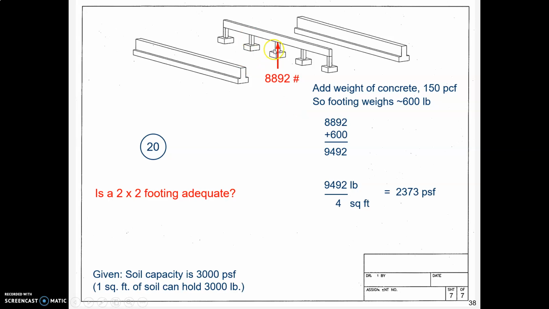Each square foot of concrete pad is holding up 2373. Is it adequate? Yes. The soil can hold up 3,000 pounds per square foot. We're only dealing with 2373 pounds per square foot, which is less. That's a lighter weight. So we are good.